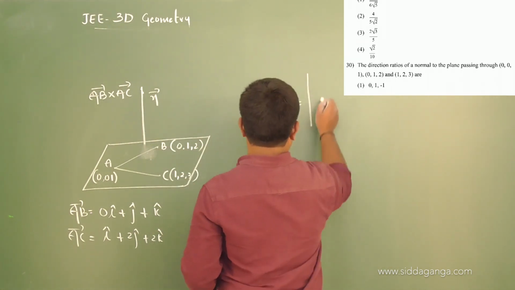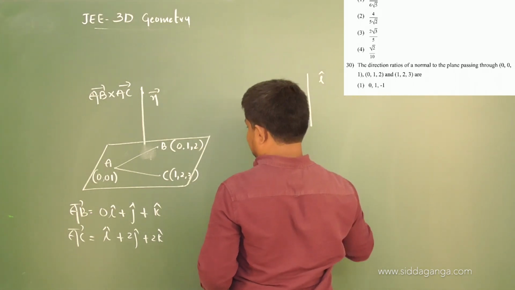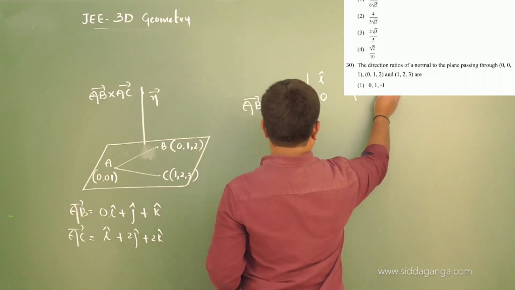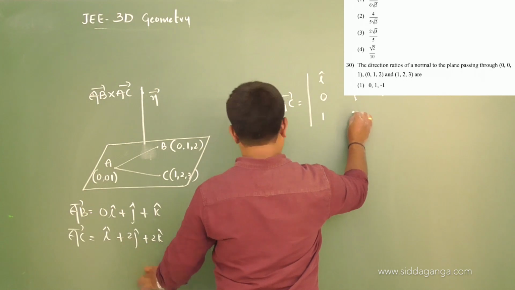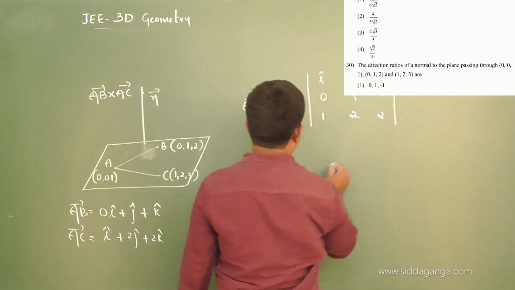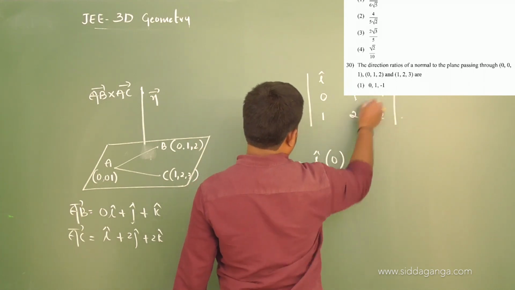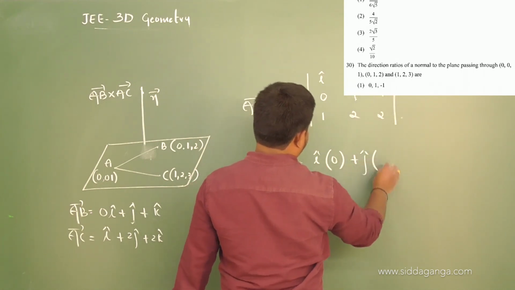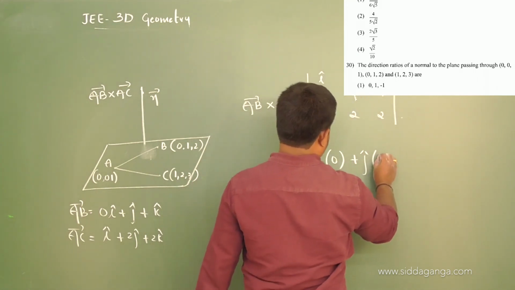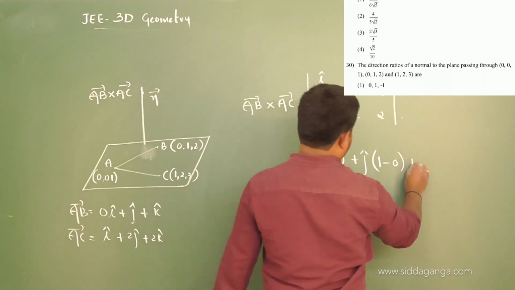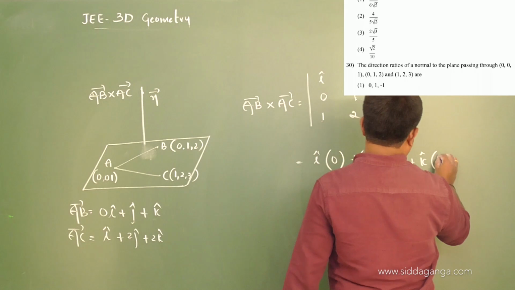So now AB cross AC becomes the determinant with i, j, k, and the coefficients A1, B1, C1, A2, B2, C2. So you get i into (0 minus this), plus j into (this minus this), plus k into (0 minus 1).